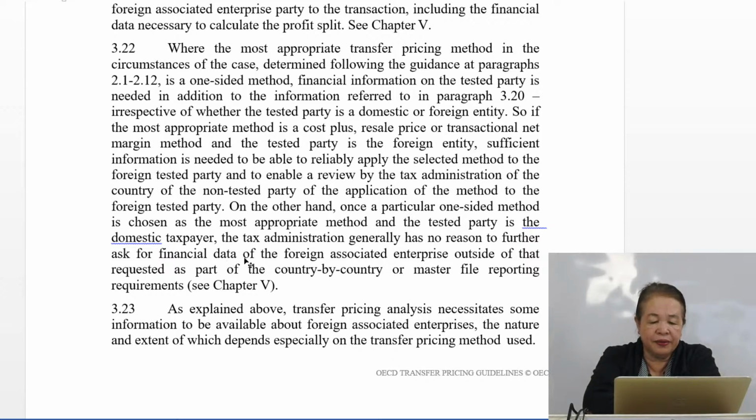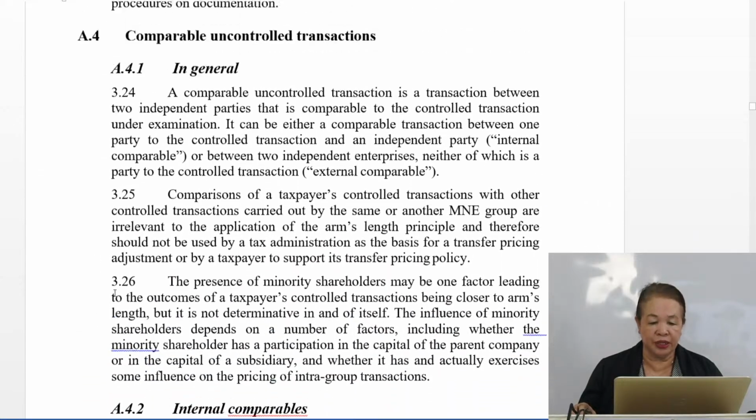As explained above, transfer pricing analysis necessitates some information to be available about foreign associated enterprises, the nature and extent of which depends especially on the transfer pricing method used. However, gathering such information may present a taxpayer with difficulties that it does not encounter in producing its own information. This difficulty should be taken into account in developing rules and or procedures on documentation.